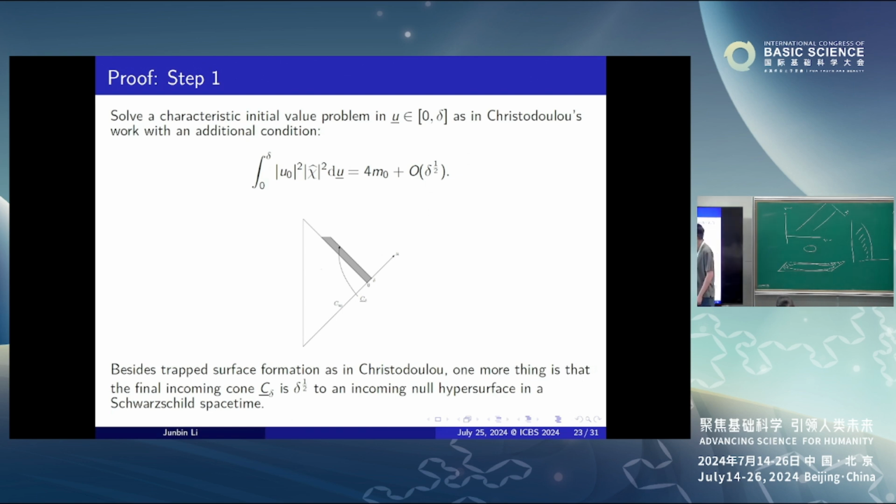The incoming energy, this is the incoming energy, is for n naught. By this condition, I mean that this does not depend on the angular parameter of chi hat. So the incoming energy is the same along every direction, up to a very small error, delta to the minus one half.